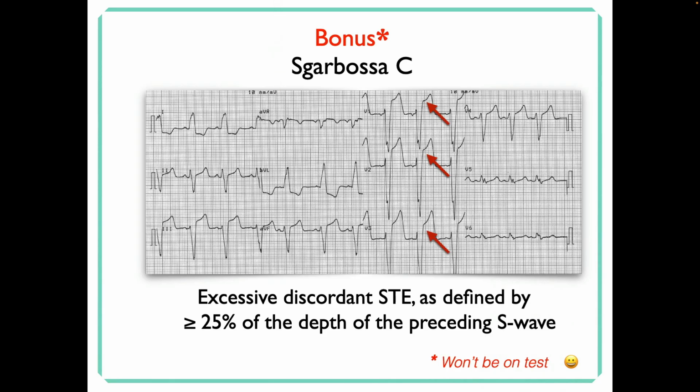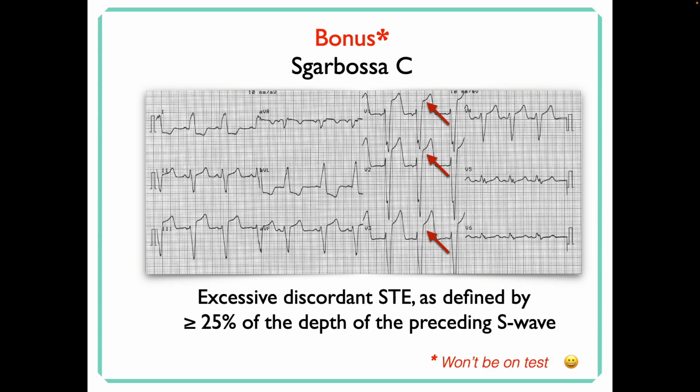You don't have to know this, but I'm putting it in case you're interested. Elena Sgarbossa's original criteria for C had to do with the amount of ST elevation, even if it's downy with uppy. And her original criteria C did not pan out. It didn't work.